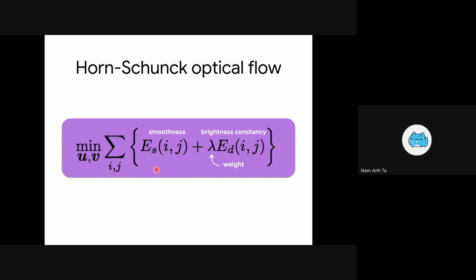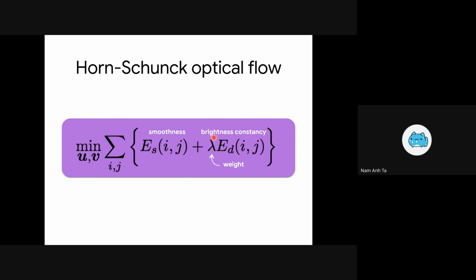The first term right here, E_s(i,j), is the smoothness term. It encourages the velocity, the u and the v, to change smoothly between neighboring pixels. And the second term right here, E_d(i,j), is the data term, or the brightness constancy, which requires the intensity change to be minimal after applying the flow.